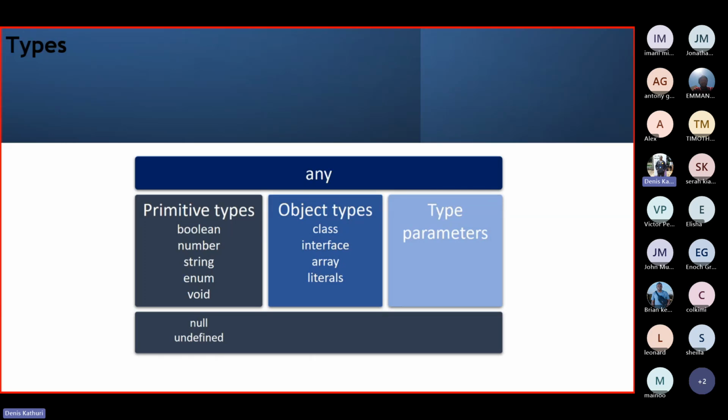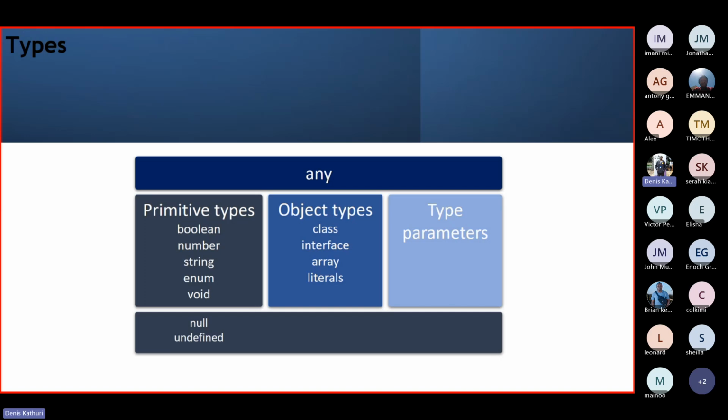Void exists purely to indicate the absence of a value, such as a function with no return value. Then we have null and undefined, which are types whose only values are null and undefined.